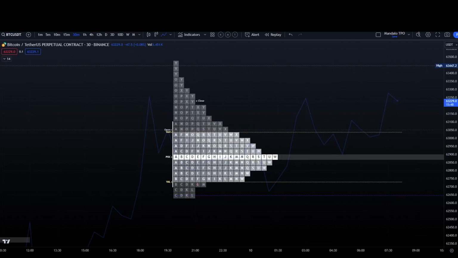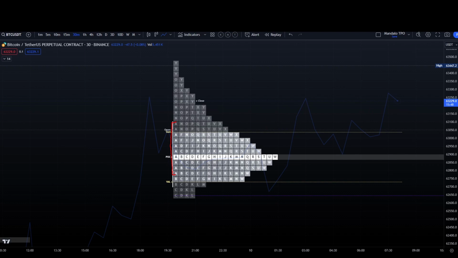New TPO letters or blocks will be formed each 30-minute period within a daily session, giving every profile a unique signature for the day's price action. In each 30-minute period, wherever price trades, new letters or blocks will form, representing that 30-minute period of price action.